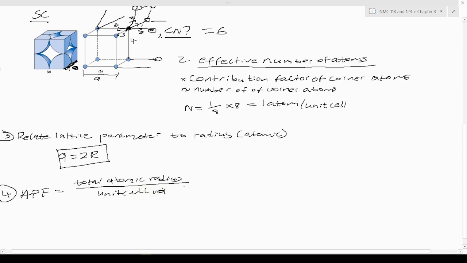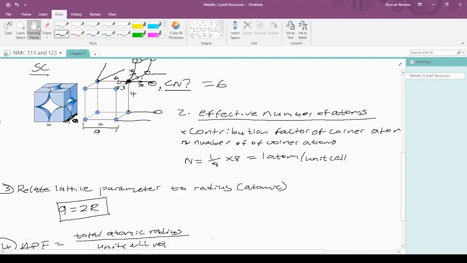No, sorry, just made a mistake here. Just erase it. This is total atomic volume, not atomic radius. Just excuse that.